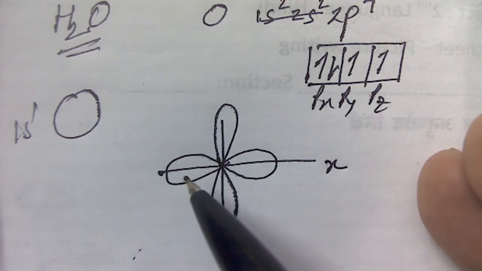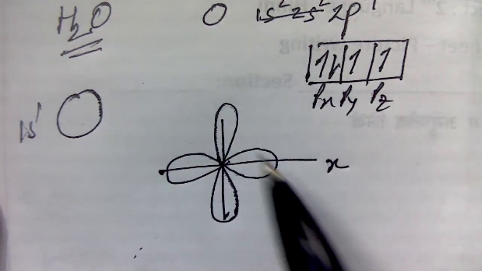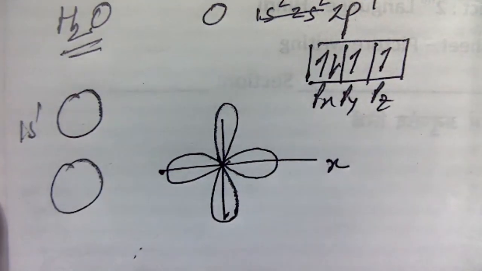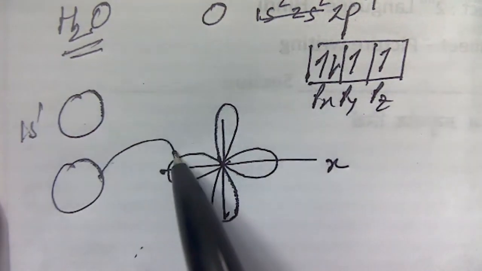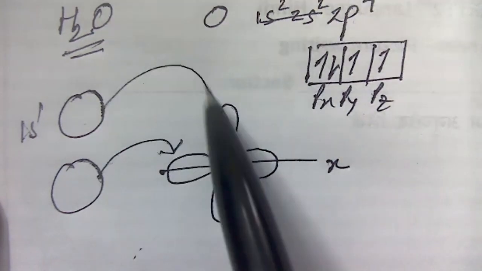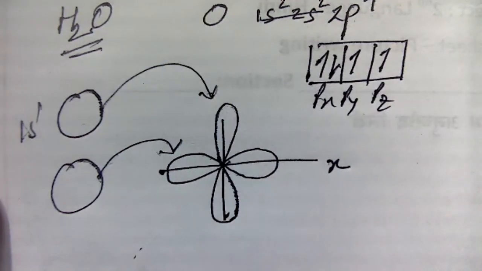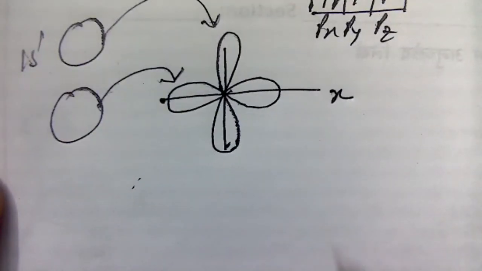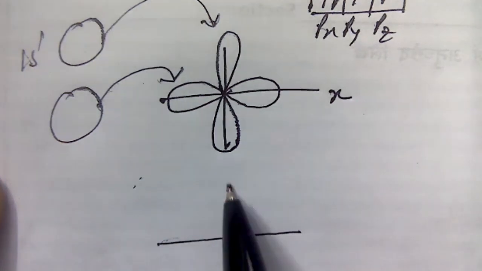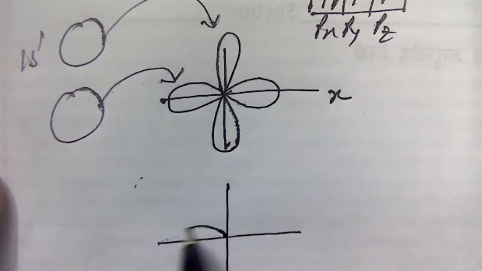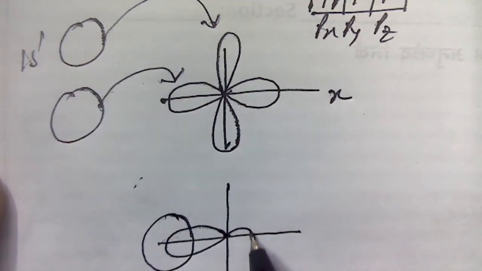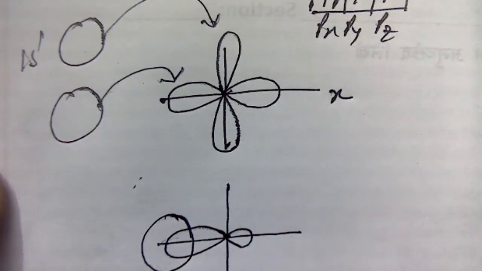But the other one is still left. That means we need 2 hydrogens. So one of them overlaps with this, the other one overlaps with this. If I take the overlapping here, then what will you get? I can represent it like this. This is the x-axis and y-axis. X-axis overlapping with s will form this, which you have seen last day.